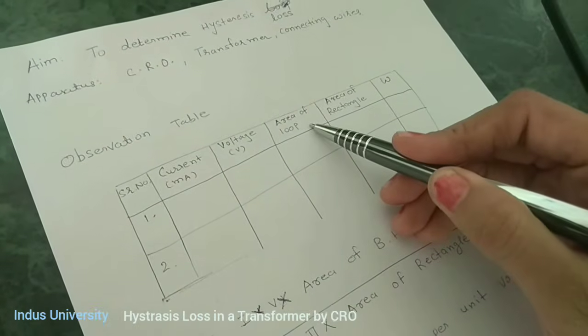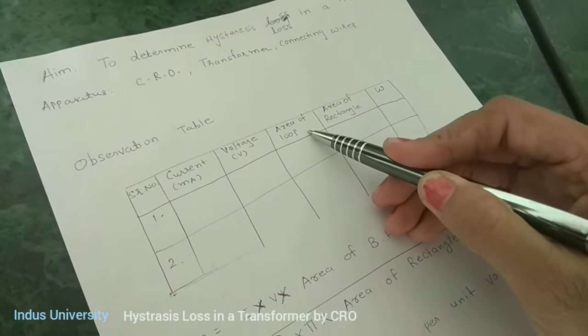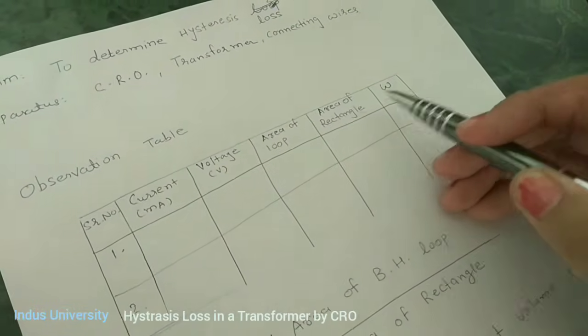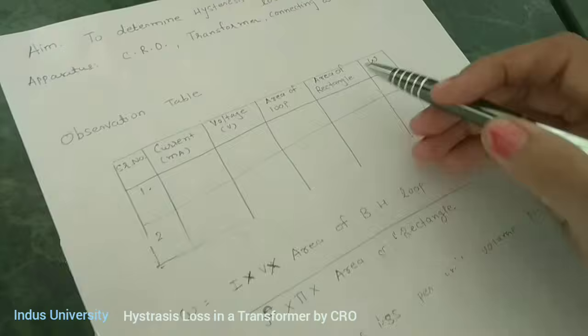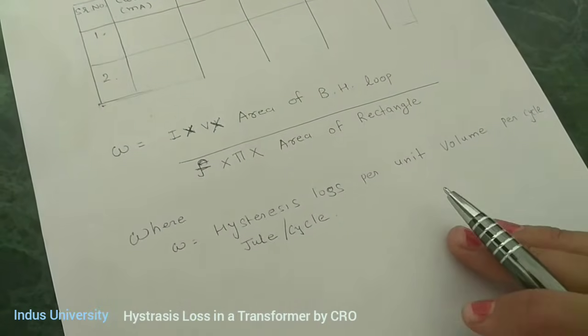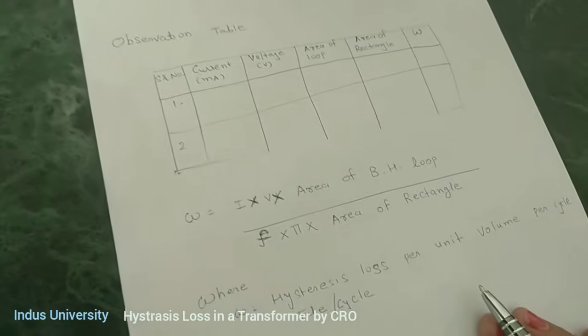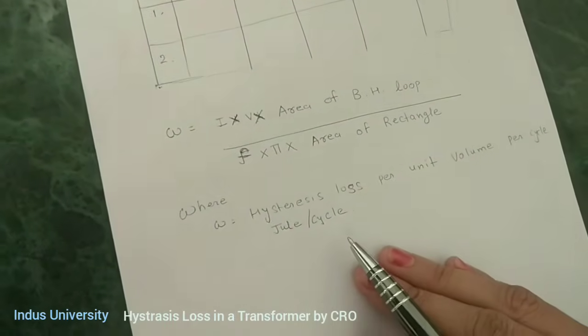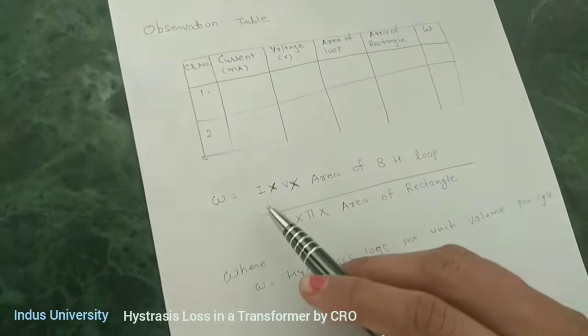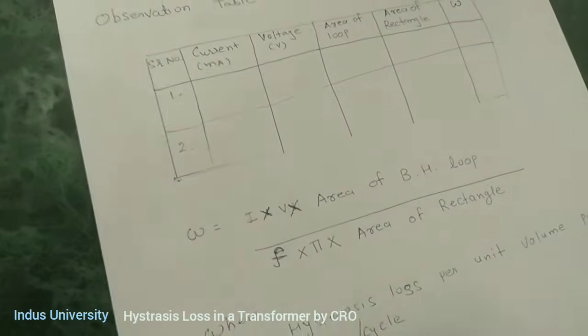In your observation table, you have to measure the current, the voltage, the area of the loop where the BH curve is available, the area of the rectangle, and omega, where omega indicates the hysteresis loss per unit volume per cycle, which is measured in joule per cycle, and you can call it power also.